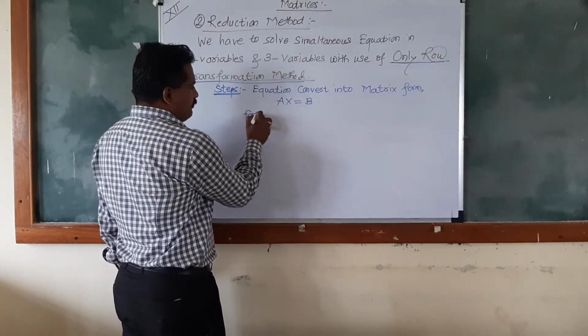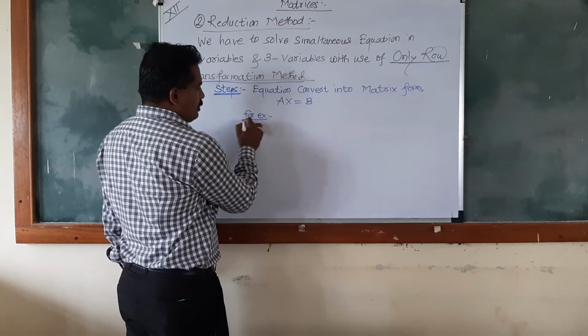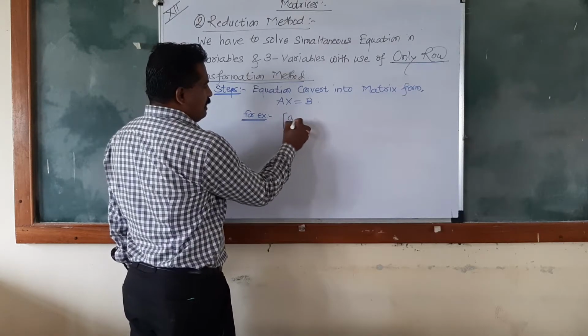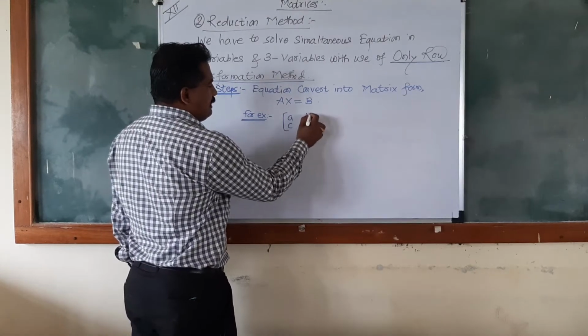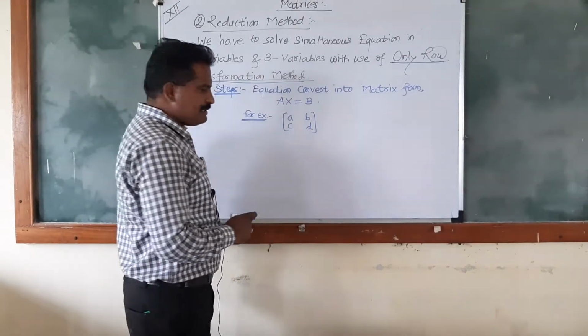For example, A, B, C, D is a general matrix.